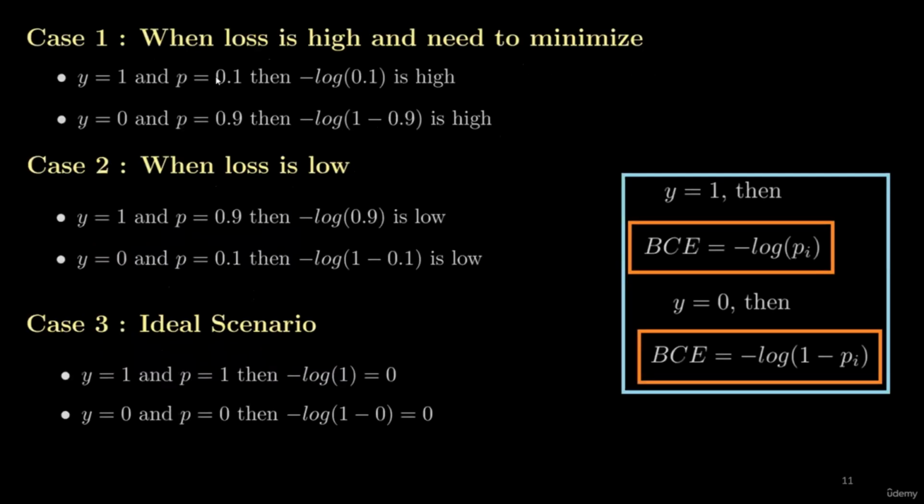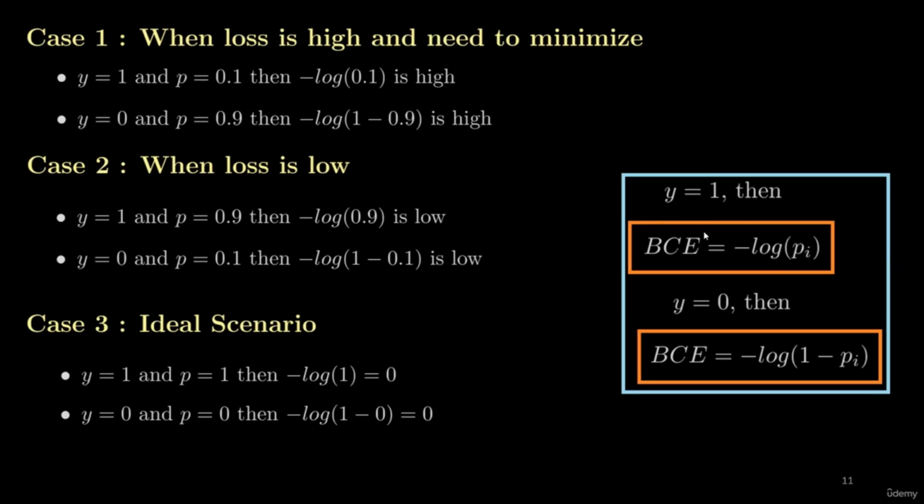Now, there are three cases. Case one is when loss is high and needs to be minimized. So the question is when the loss is high. Here are the two situations where the loss is high. If y is equal to 1 and the predicted probability is 0.1, in that case we will use this part of the equation to calculate the loss, that is minus log of p.